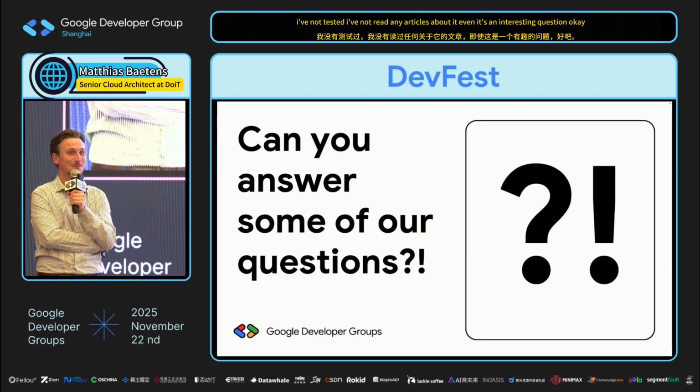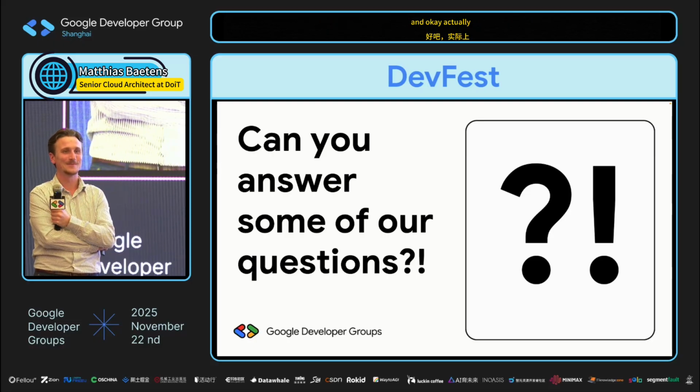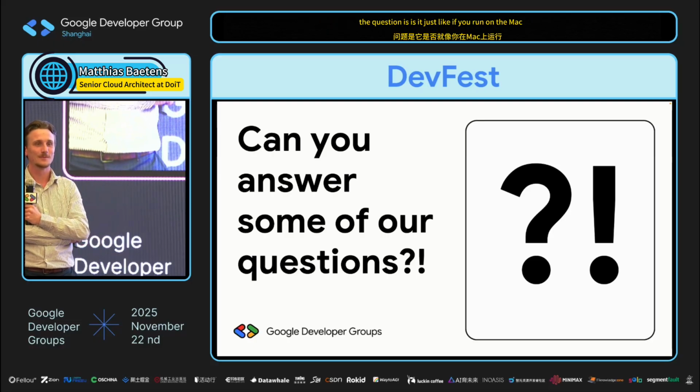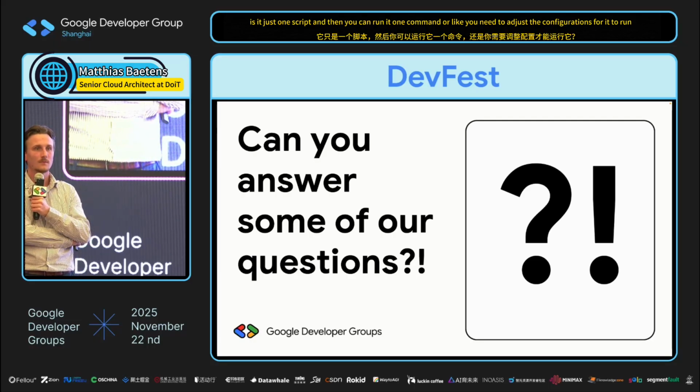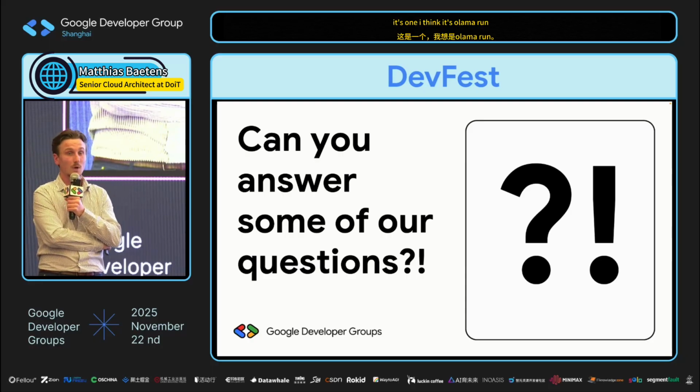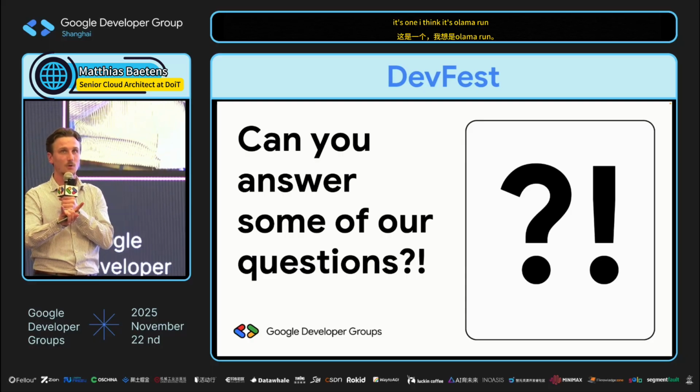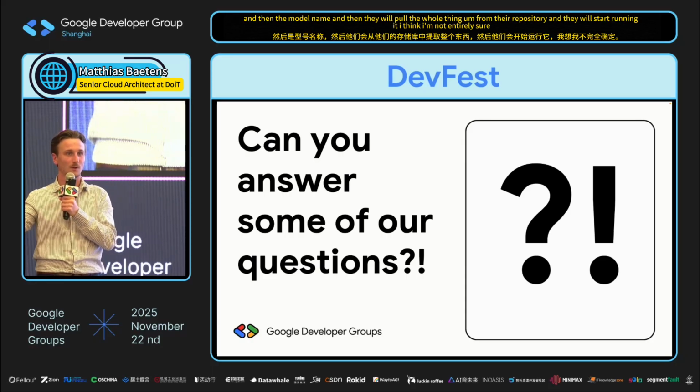It's an interesting question. Okay, and actually the question is, if you run on the Mac, is it just one script and then you can run it, one command, or do you need to adjust the configurations for it to run? It's one, I think it's Ollama run and then the model name.